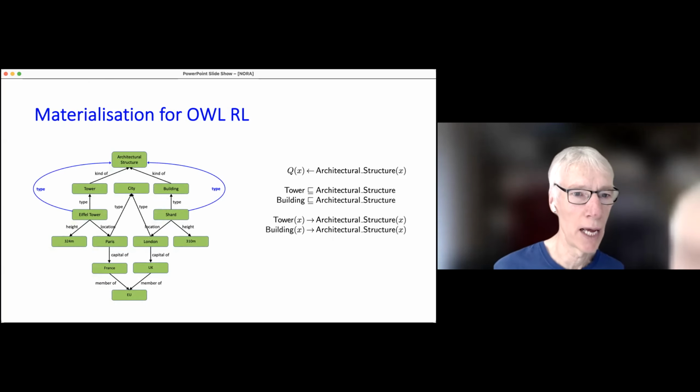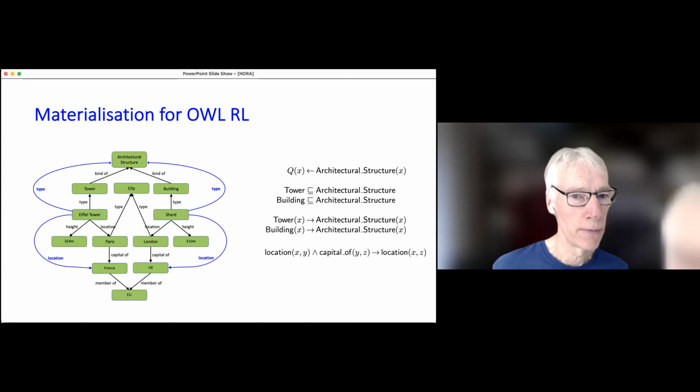So I just apply these rules exhaustively, and I just materialize the answers into the graph. So what would happen here is I'd actually introduce these two new type edges, and then I can just answer my original query over the expanded graph, and I'll get the answer that I'm looking for, which is the Eiffel Tower and the Shard.